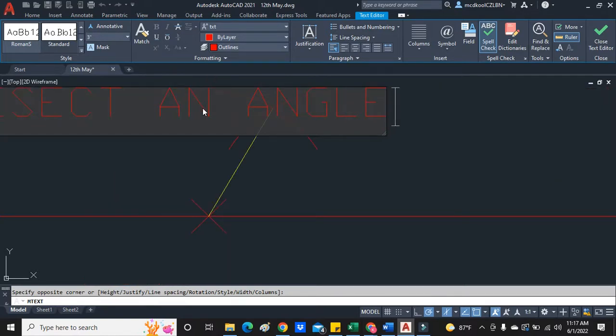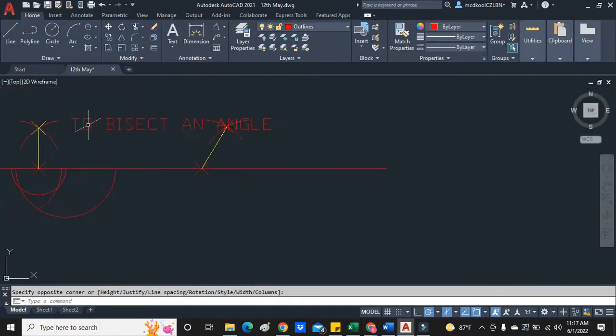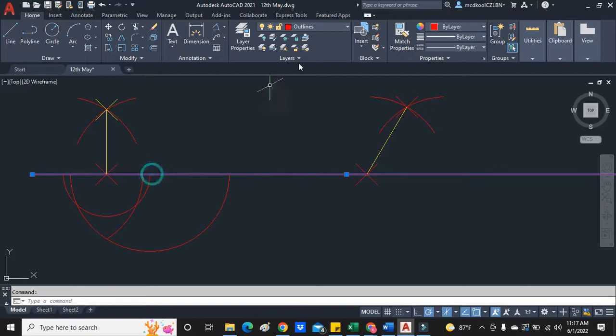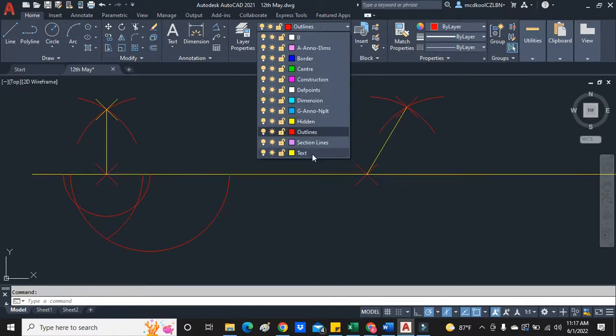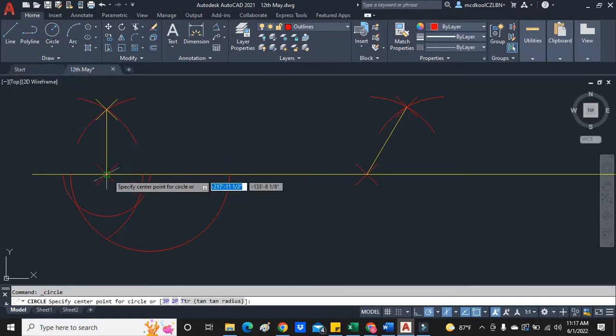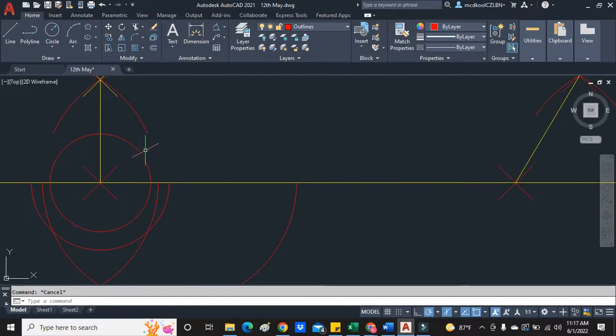To bisect an angle, you're just going to draw an arc that touches both lines or both sides of the angle. You can see that arc there clearly. Yes, sir.